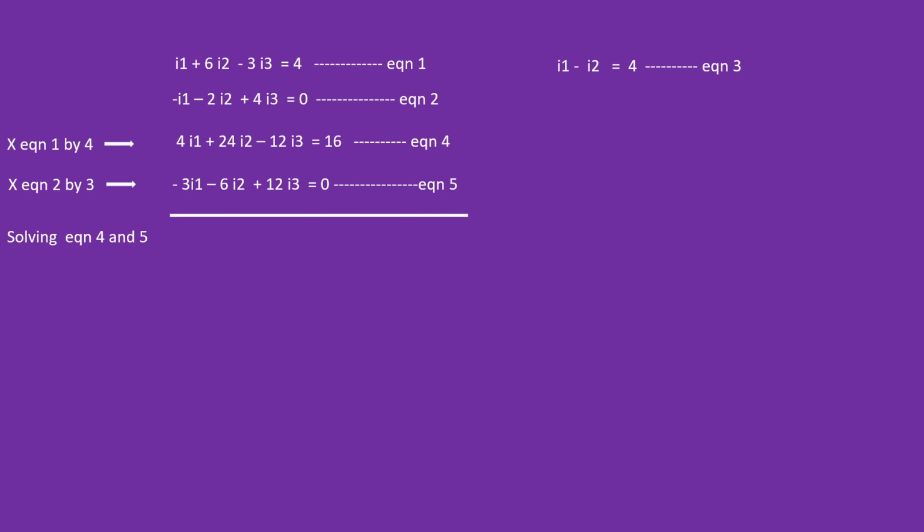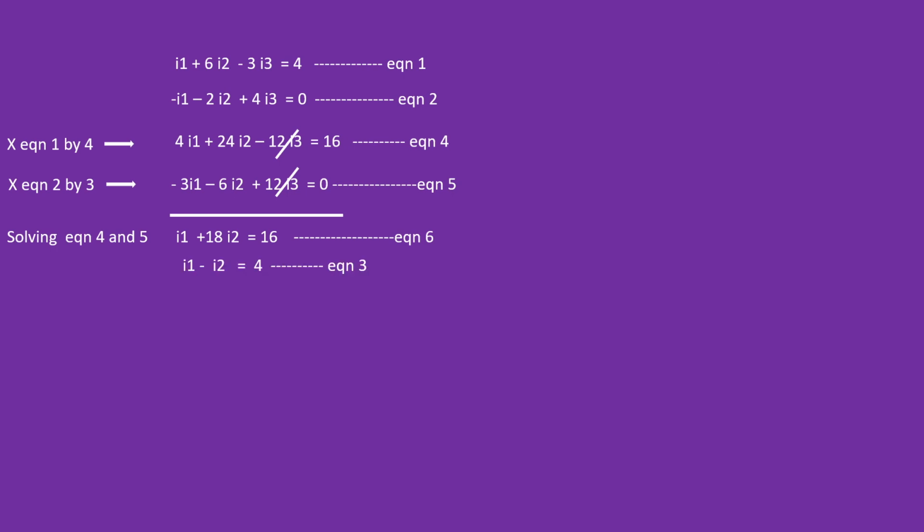Solving equations 4 and 5, by cancelling I3, we get I1 plus 18I2 equal to 16. That is our equation number 6. And you bring in the equation which we already have, I1 minus I2 equal to 4. By solving these two, changing the sign of the third equation, I1 gets cancelled.